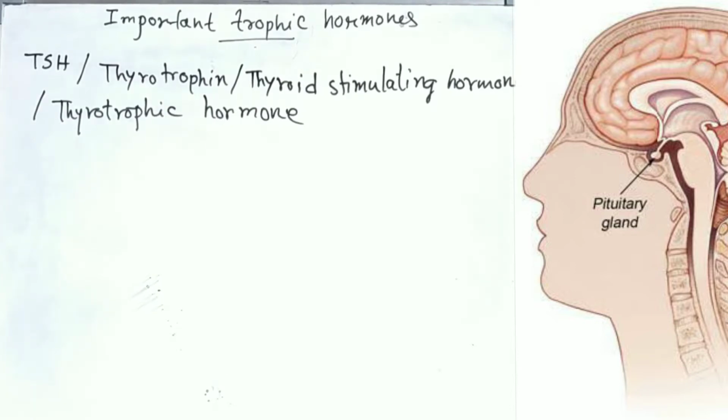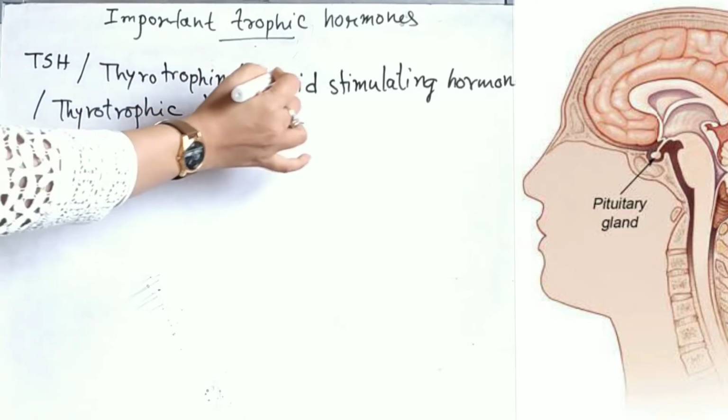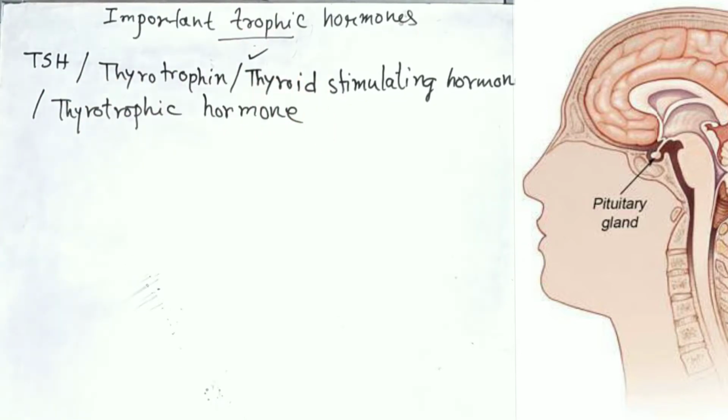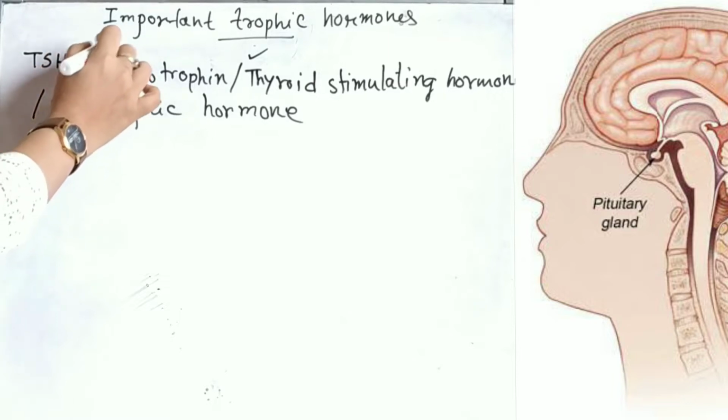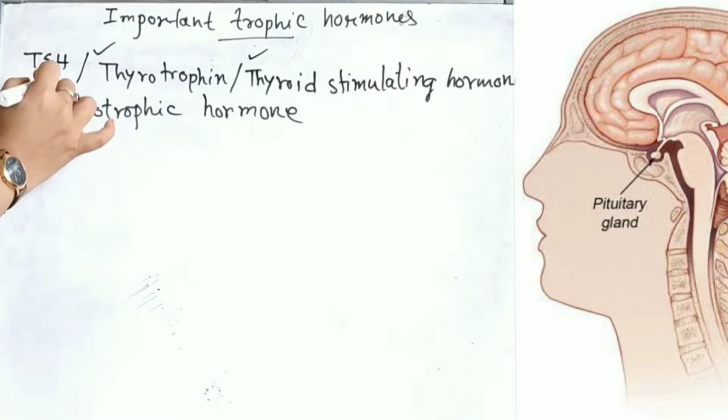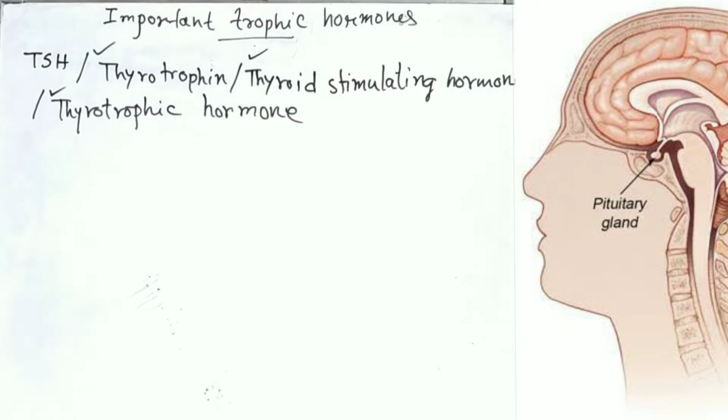Now TSH. The full form of TSH is thyroid stimulating hormone. There are other names like thyrotropin or thyrotrophic hormone. This hormone is released from the basophil cells of the pituitary.